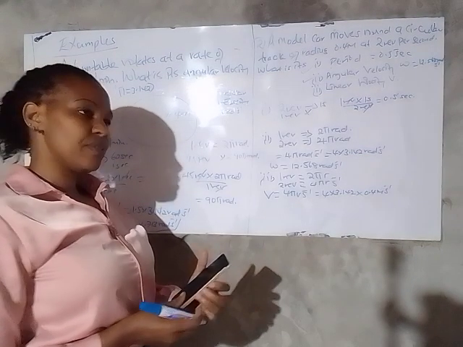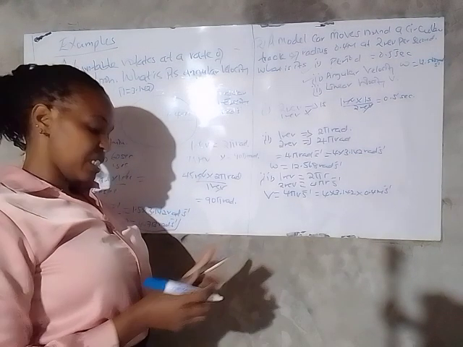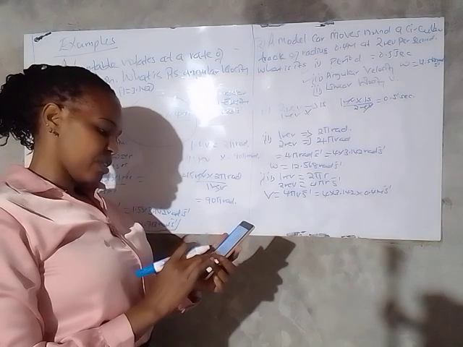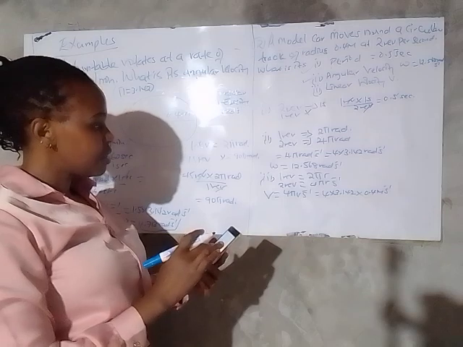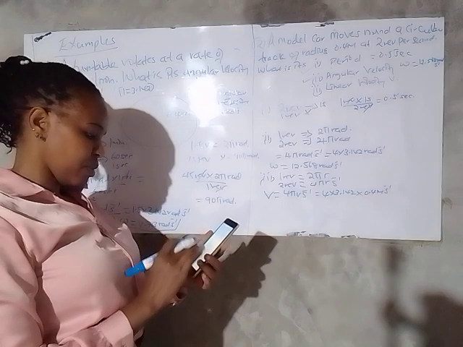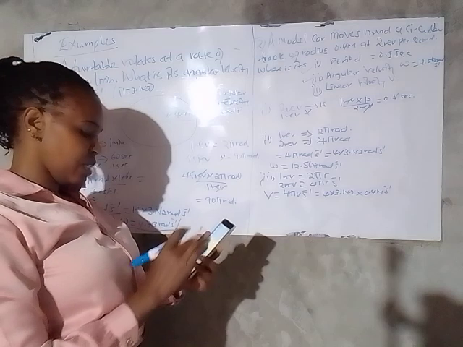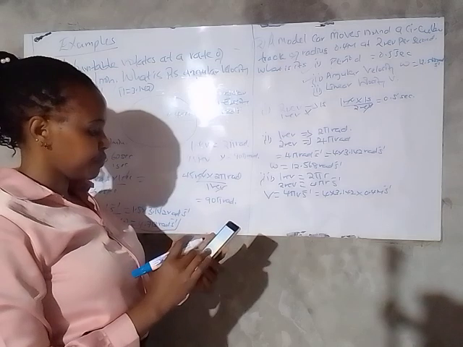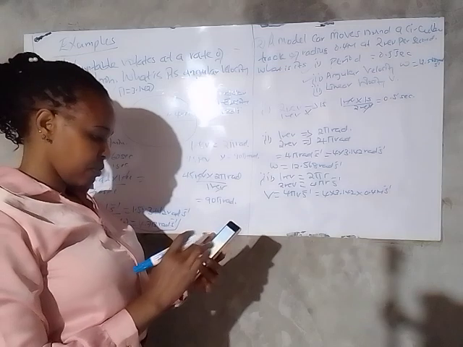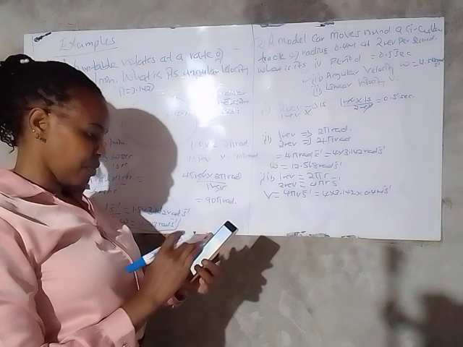Remember we said linear velocity is omega r, but I'm not going to use the formula so that you can follow what I'm doing. So we are saying it is 4 times 3.142 times 0.4 times 0.4.